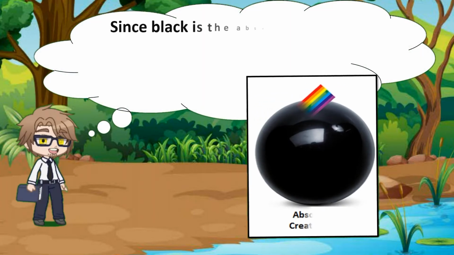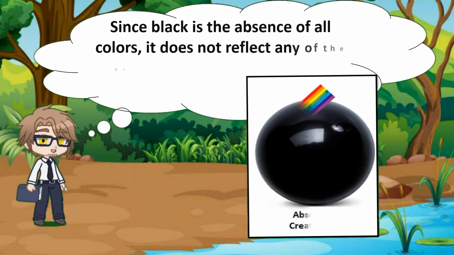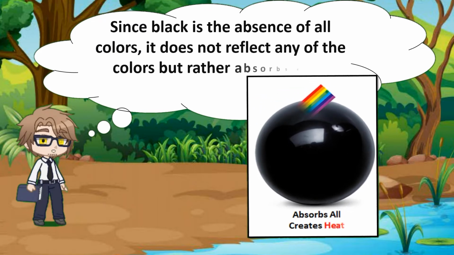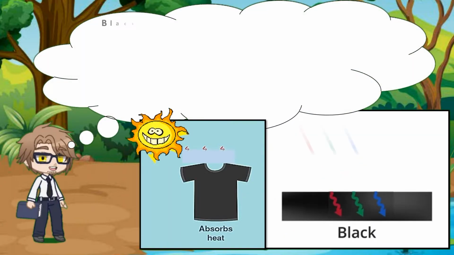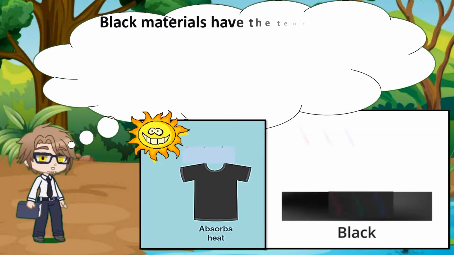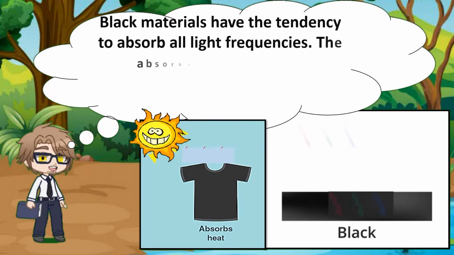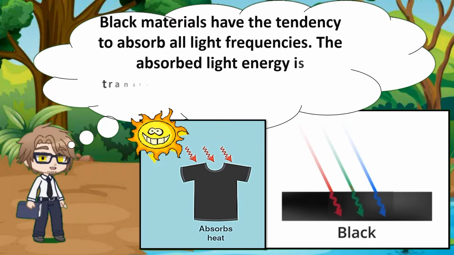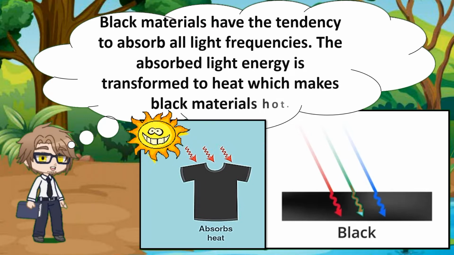Since black is the absence of all colors, it does not reflect any of the colors but rather absorbs all of them. Black materials have the tendency to absorb all light frequencies. The absorbed light energy is transformed to heat, which makes black materials hot.